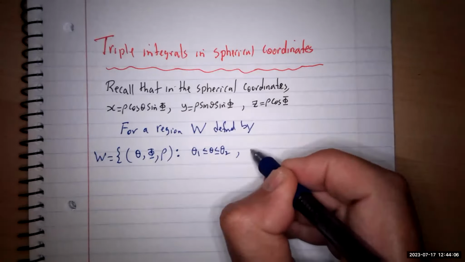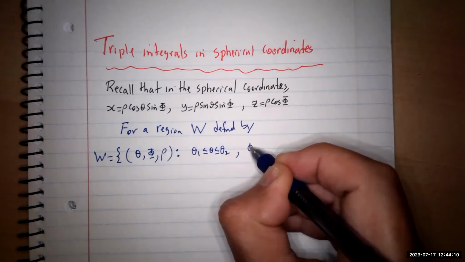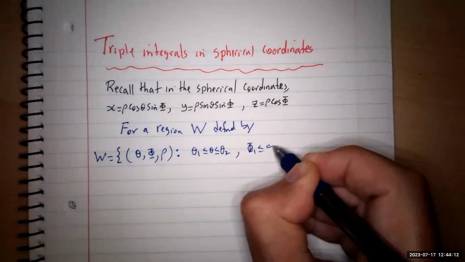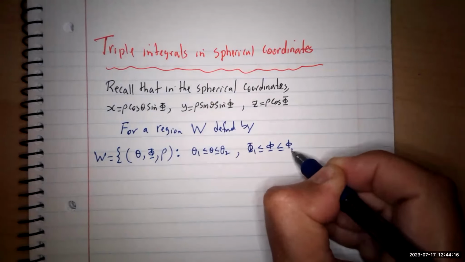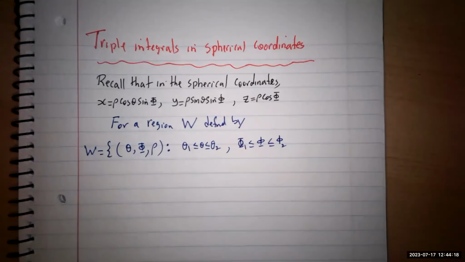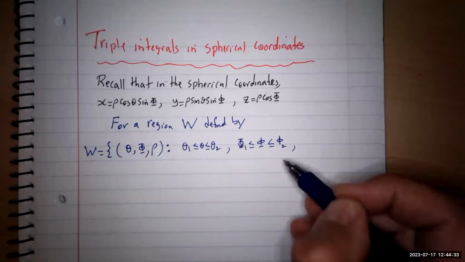Then this phi is an angle, it's going to be between two numbers. We call it phi 1 and phi 2. If everything is standard, it's going to be 0 and pi, remember. It's the angle between two lines. So you make it 0 to pi, or 0 to pi over 2, etc. And then the last part is going to be the rho.